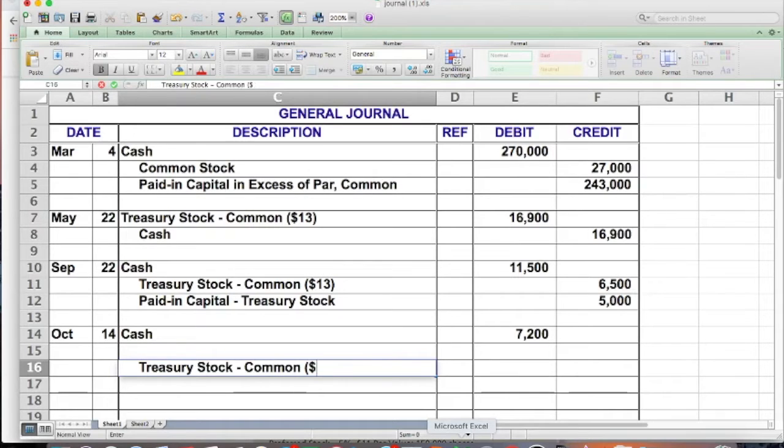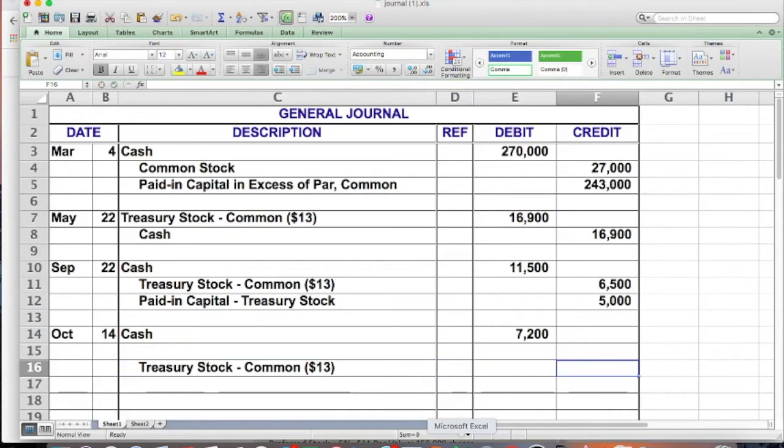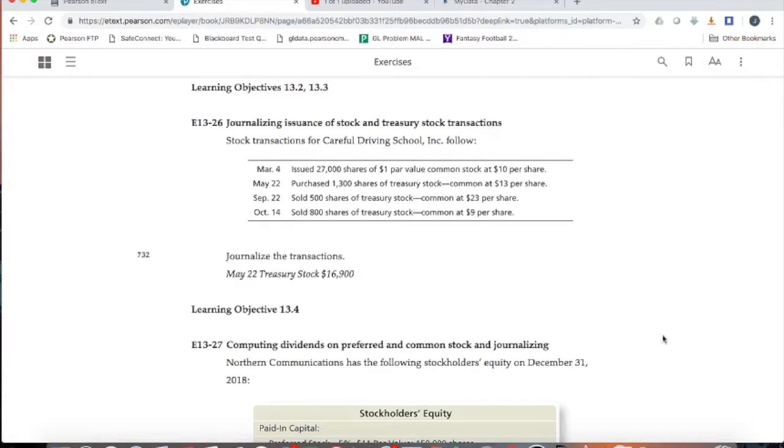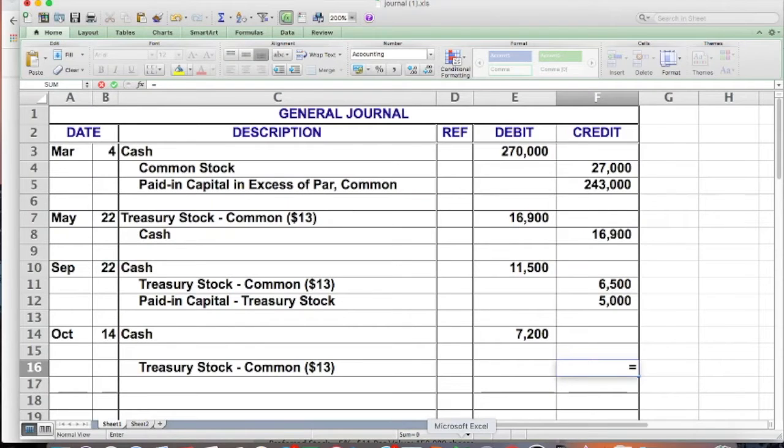I know that that treasury stock had a cost of $13. All right, so I sold, one more time, 800 shares at $13. 800 times 13, remember, because we have to remove them at their original cost of $13 per share. That means this time I need another debit to balance this entry out for $3,200.